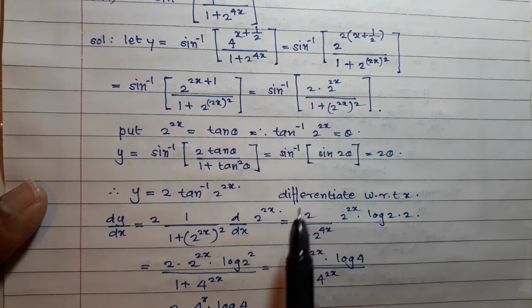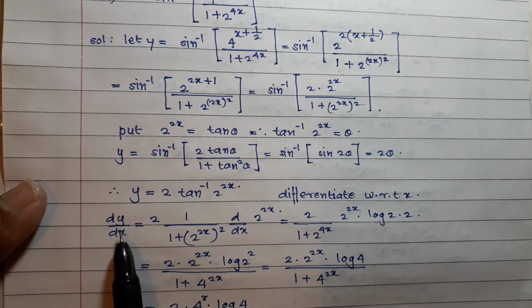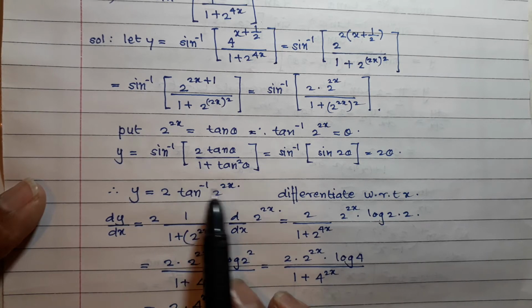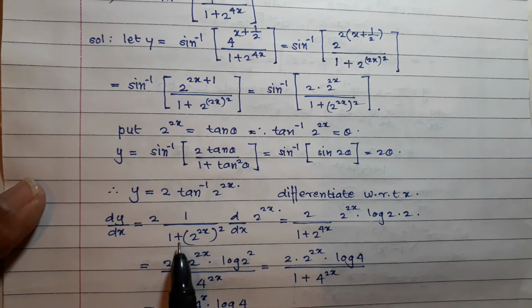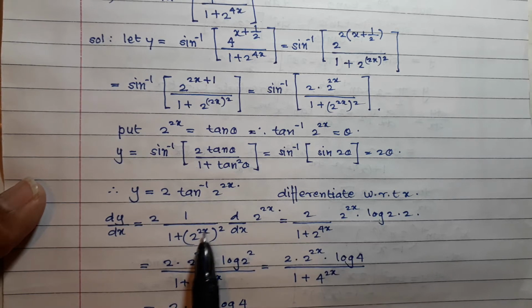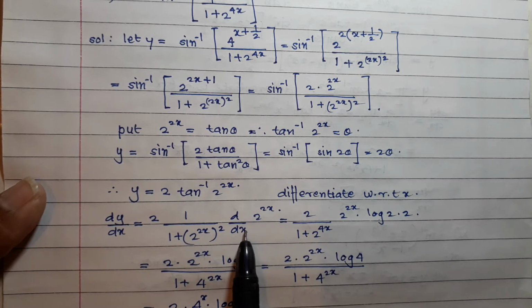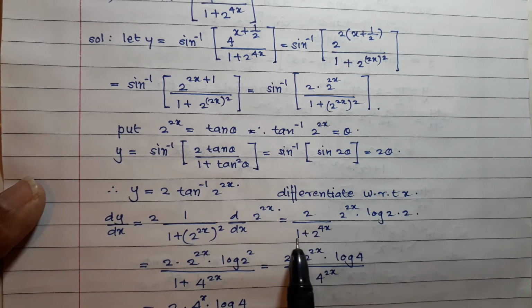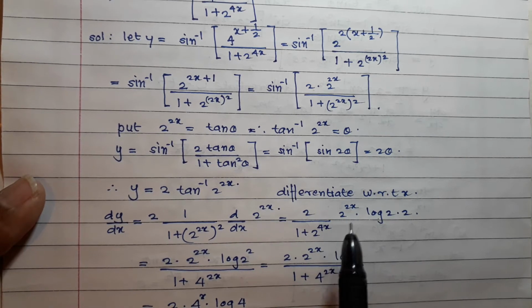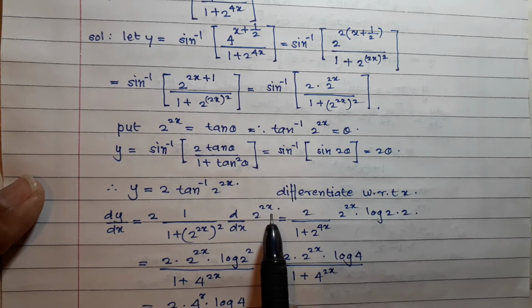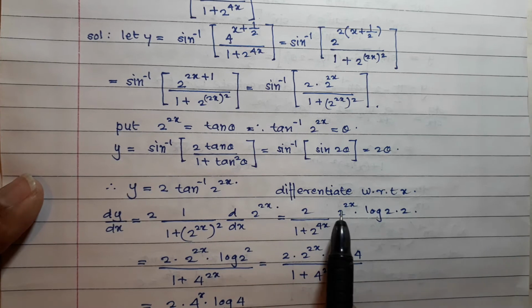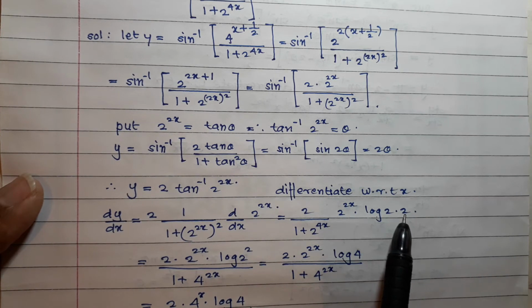Differentiate with respect to x. dy/dx is equal to 2 times the derivative of tan inverse 2 raised to 2x, which is 1 upon 1 plus (2 raised to 2x) square, times d/dx of 2 raised to 2x, so it is 2 upon 1 plus 2 raised to 4x into the derivative of this, which is 2 raised to 2x log 2, and the derivative of 2x is equal to 2.